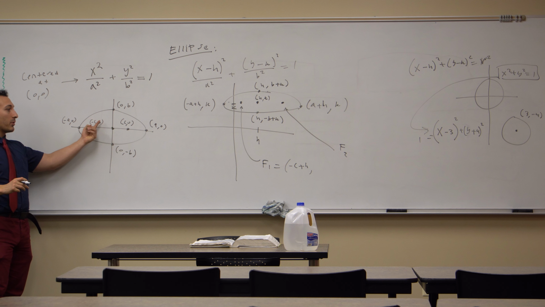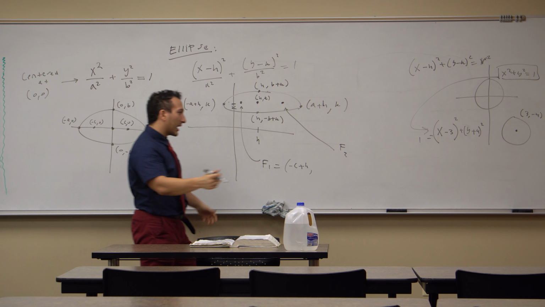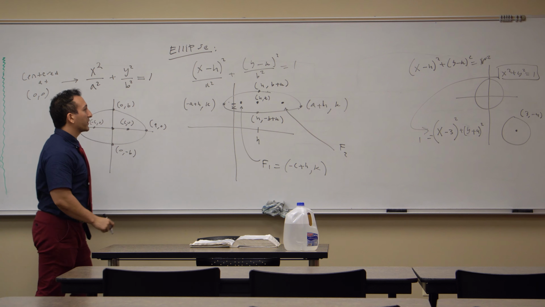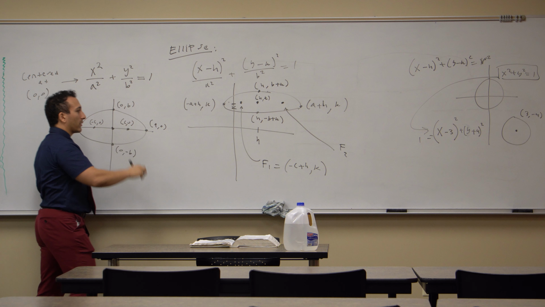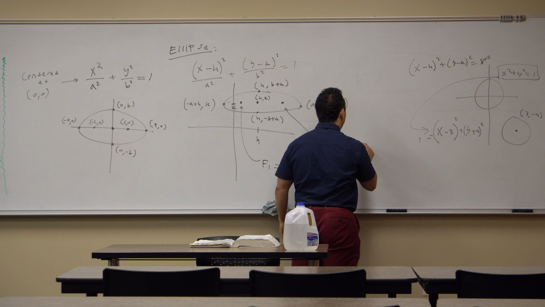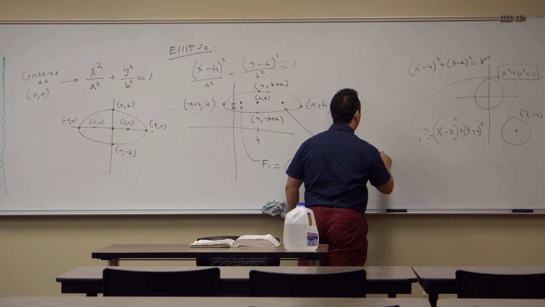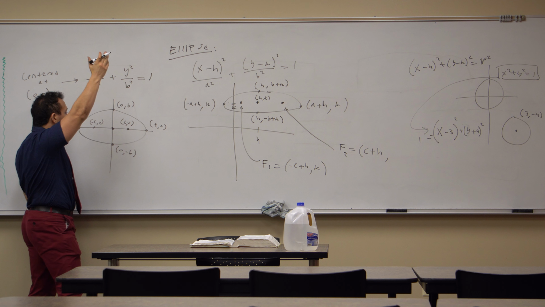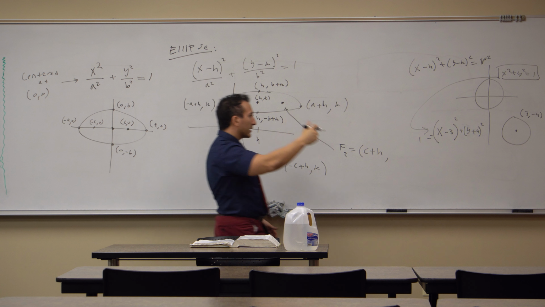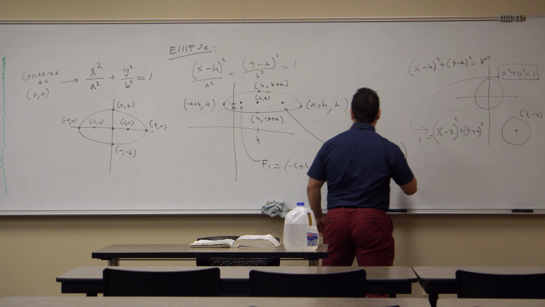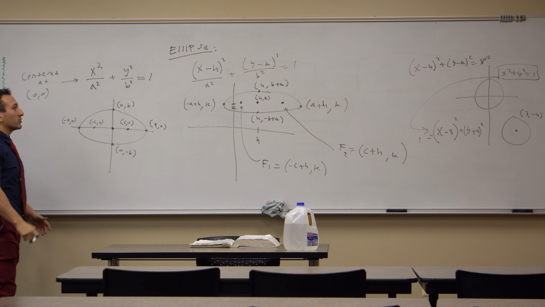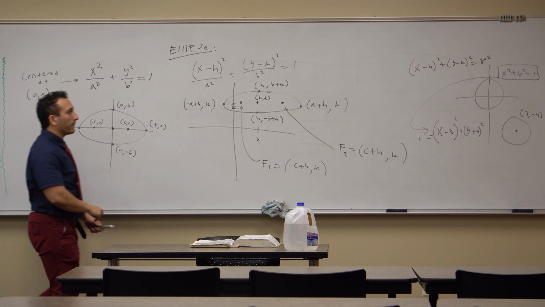Furthermore, it had no y component, but it did get shifted up by k, so 0 plus k is just k. So we'll put that right there. And what about F2? Well, F2 was c, 0, but we can't just leave it at c, 0. c got shifted in the x component by h, and in the y, it got pushed up by k, which is 0 plus k is just k.